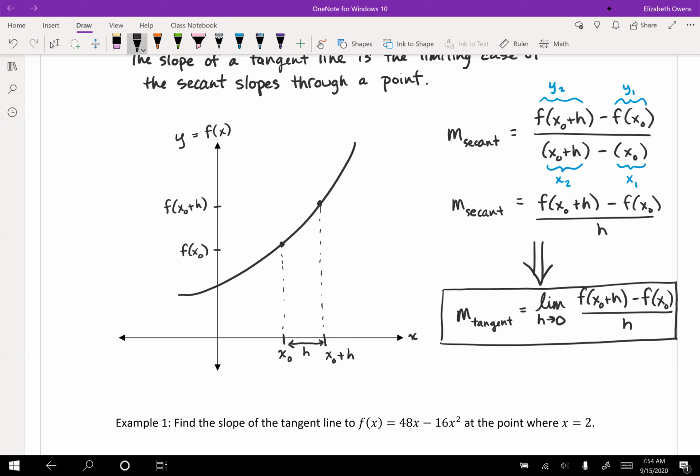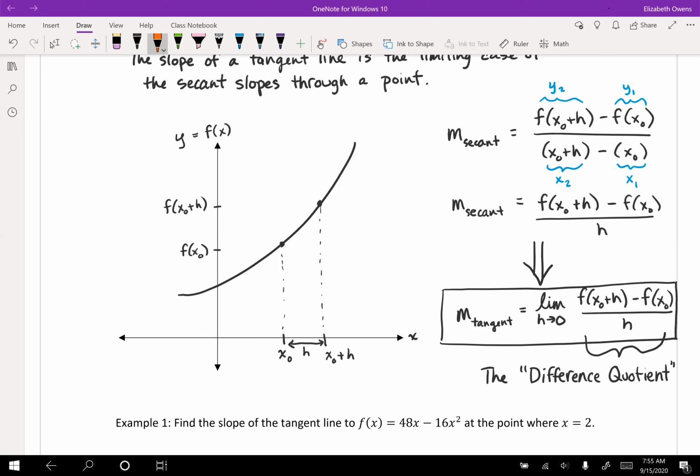Now, we also get another fancy little name here for this part of the expression, that f of x naught plus h minus f of x naught over h part. That is something called the difference quotient. Now, this isn't a term that gets used a heck of a lot, just here and there, but it is nice to know. And it does also help you sometimes remember how to set up this formula.